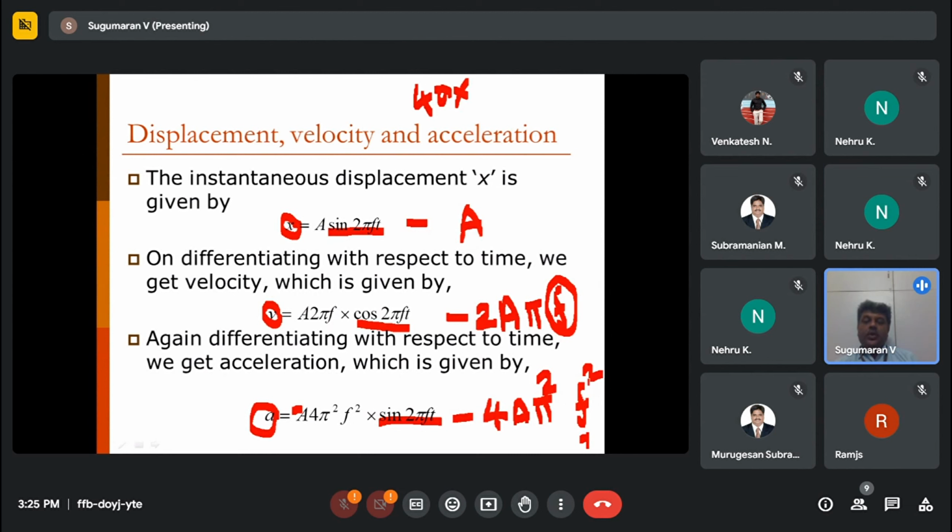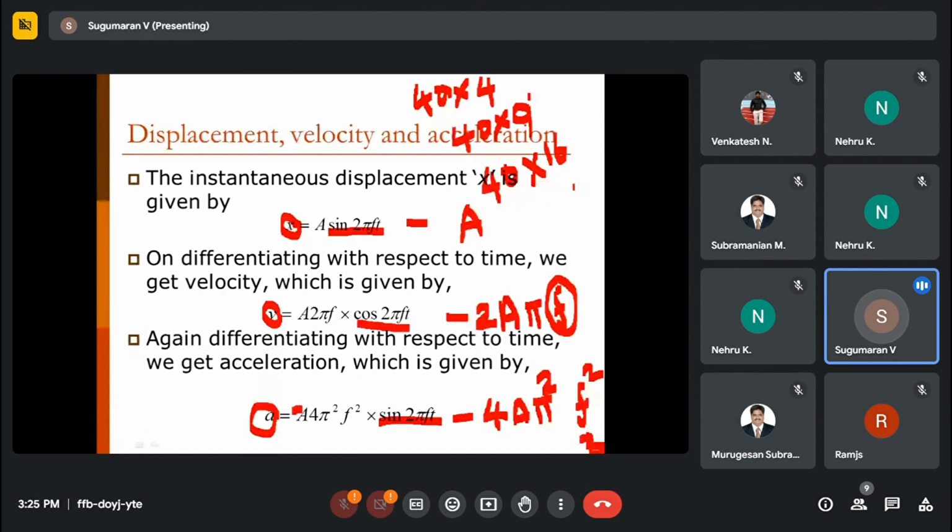When you measure a 3 hertz signal, 3 square is 9, so 40 into 9. When the frequency increases, you look at the amplitude, it is 9 times. When it is a 4 hertz signal, it is 40 into 16. A 5 hertz signal, 25 times.